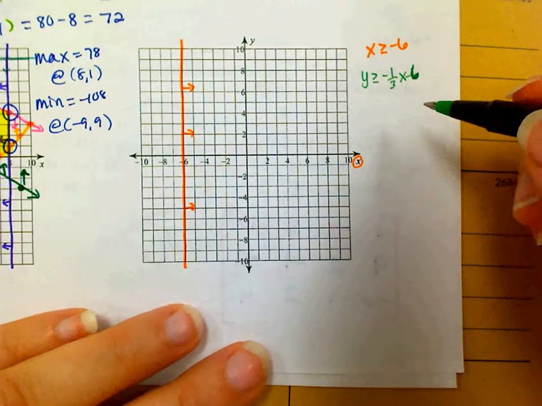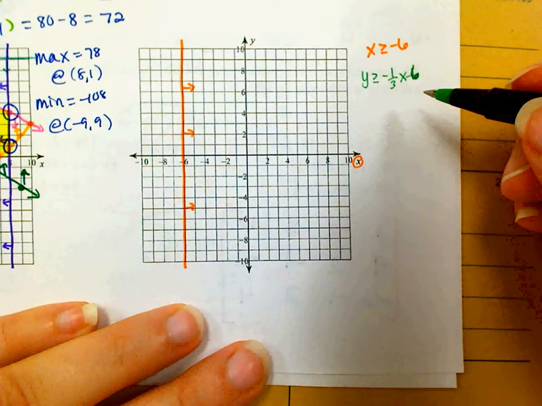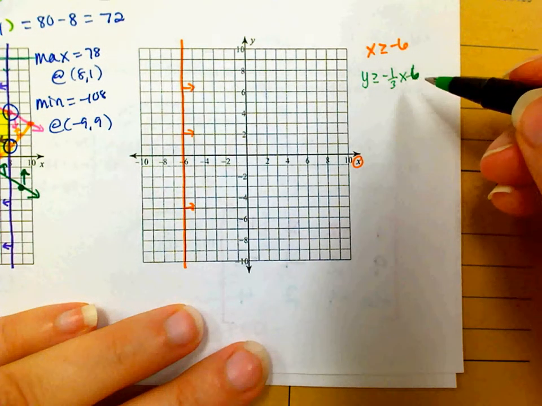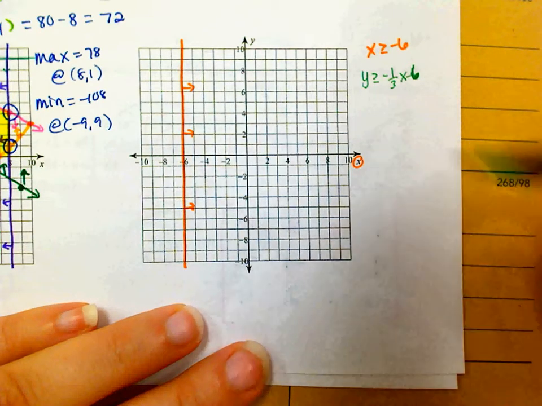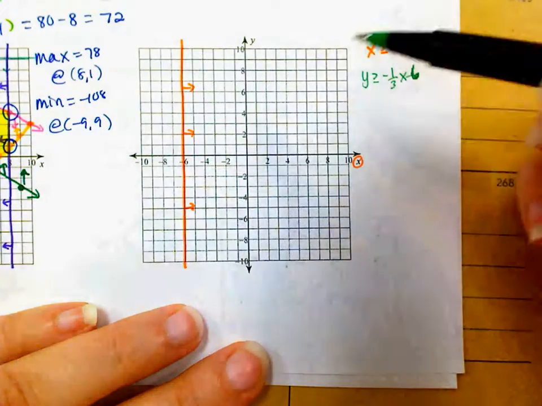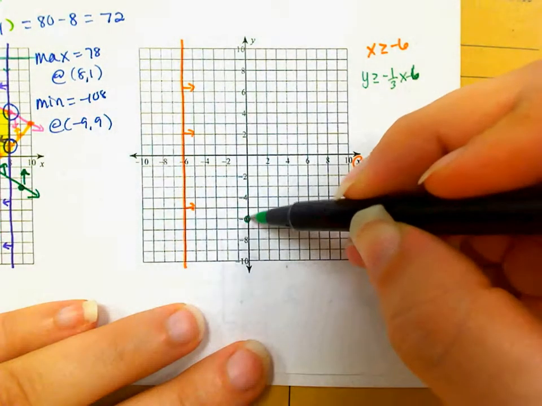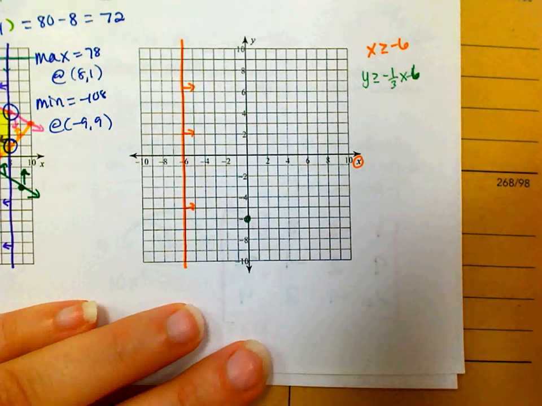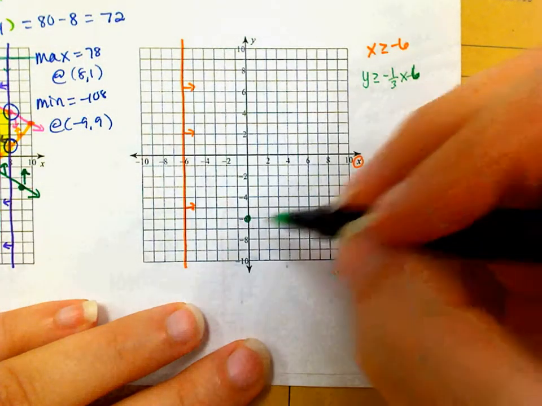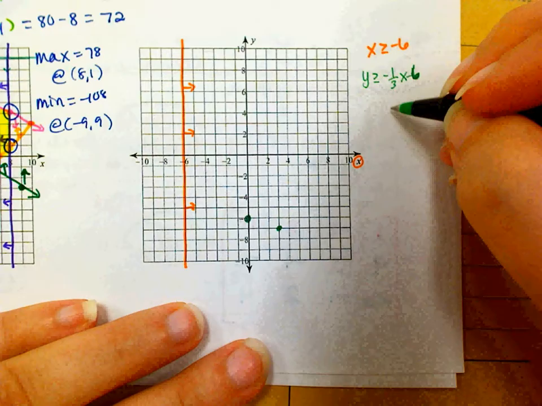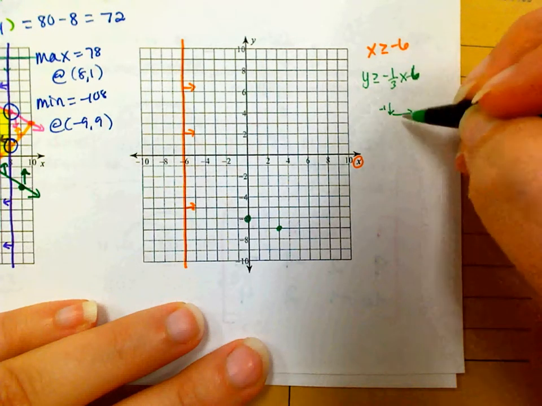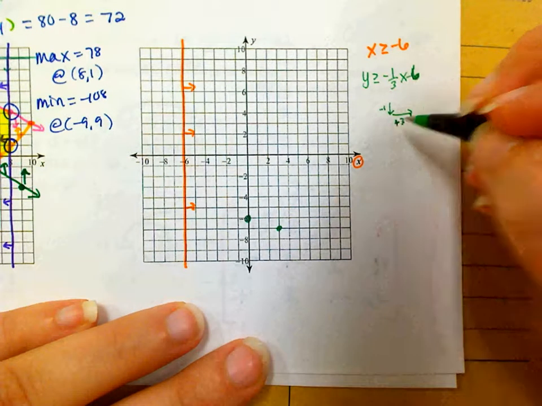I keep saying that because I still got people that accidentally put it on the x-axis. So I go to the y-axis, negative 6. And what's my slope? Down 1/3. So I'm going to go down 1 to the right 3. It's a negative and a positive, so I go down and to the right, or up and to the left.